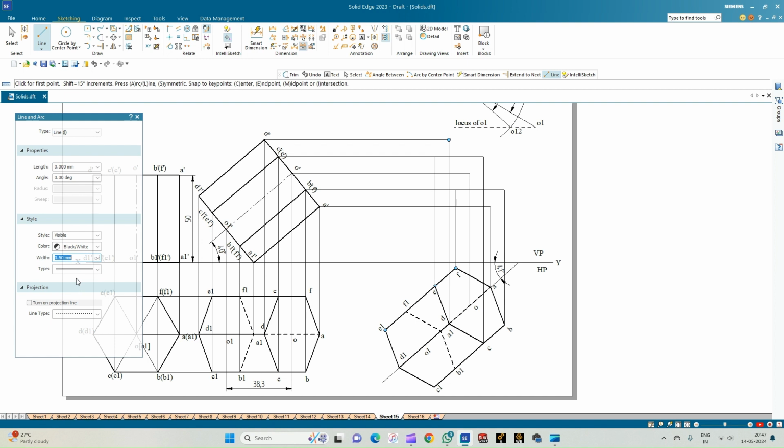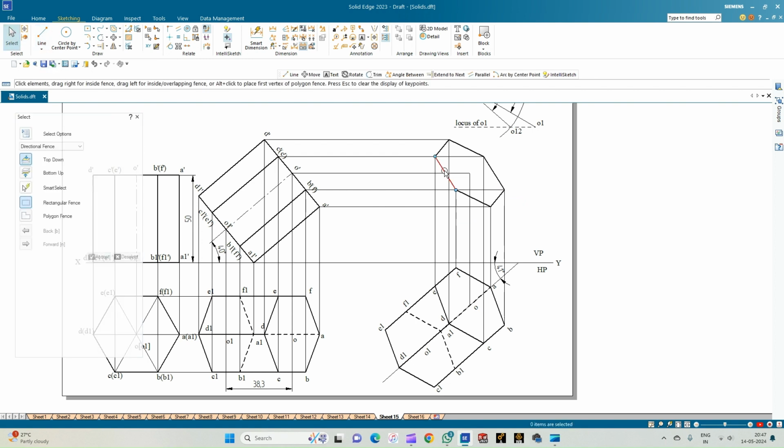First let us select a line of 0.50 mm. Let us begin with corner A. From corner A, we have to join corner B, and then corner C, corner D, corner E, and then corner F, and then back to corner A.